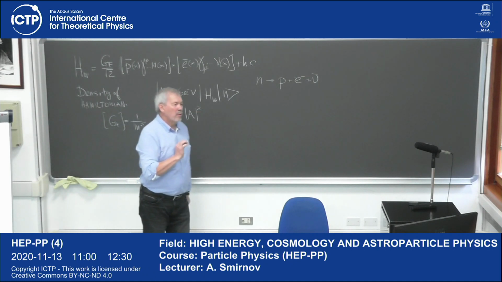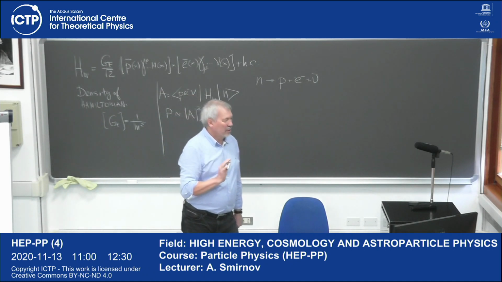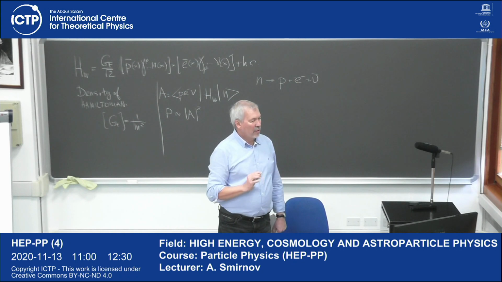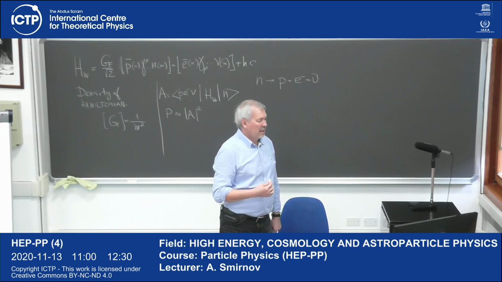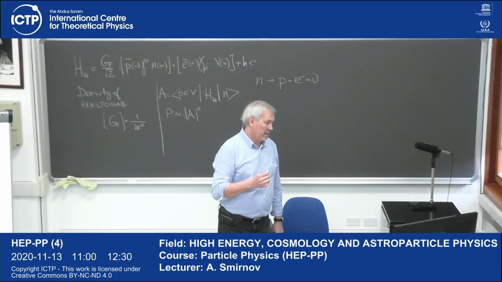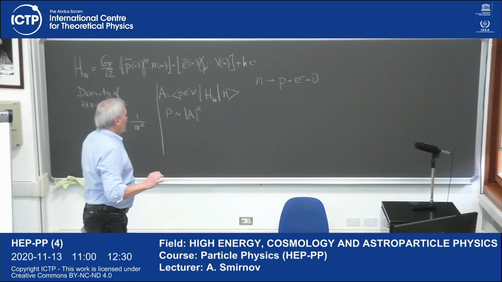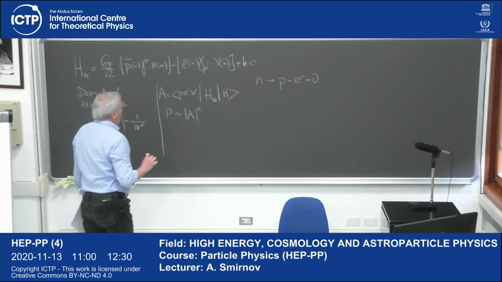I think you know this from quantum mechanics, or not? Do you know that when we have a Hamiltonian, then using the Hamiltonian we can compute matrix elements and therefore probabilities of the processes? If not, you will learn this soon.